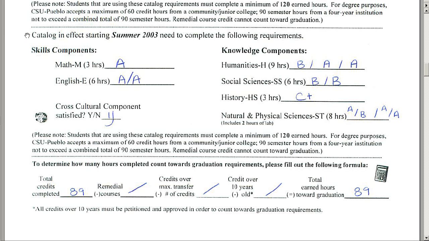To confirm the catalog in use for a student, you may want to look in AIS in the Student Advising Enrollment Permit icon or in DARS to confirm what general education requirements are required for that student at that time, where he needs 3 credits of math, 6 credits of English, 9 credits of humanities, 6 credits of social science, 3 credits of history, 8 credits of natural sciences, which is 2 sciences with 2 labs, and you need to identify that he has completed his cross-cultural component through one of his humanities.